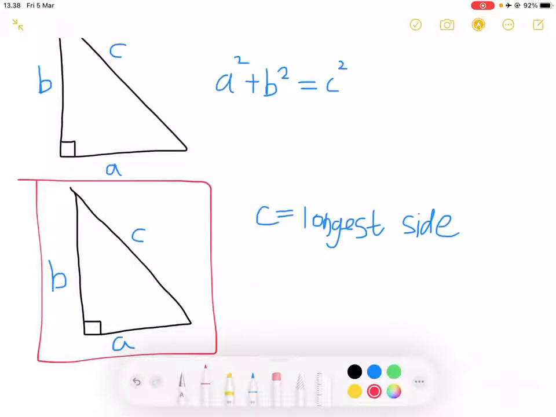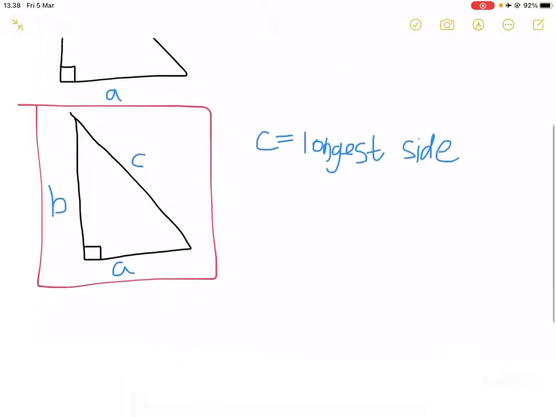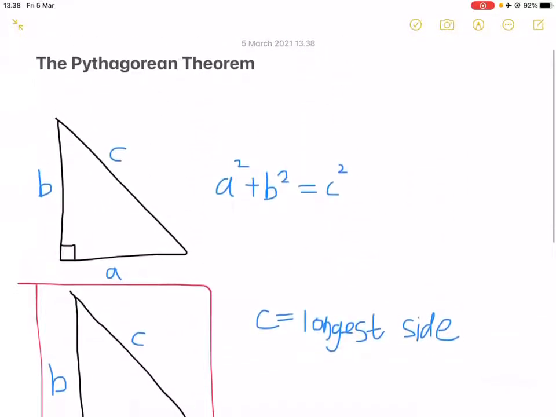It's okay to differ between the base and the altitude depending on which perspective you're looking at. However, keep in mind that C is the most important one, which is the longest side or the hypotenuse of this triangle. And yeah, that's it for this explanation.